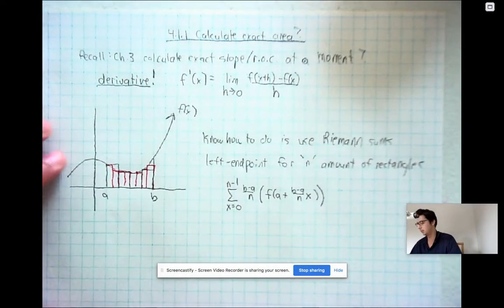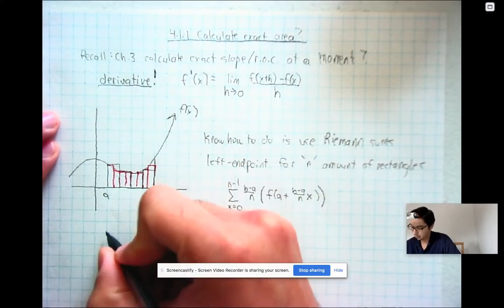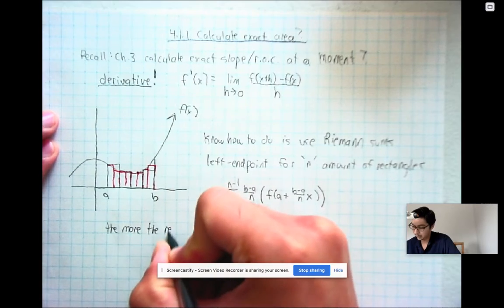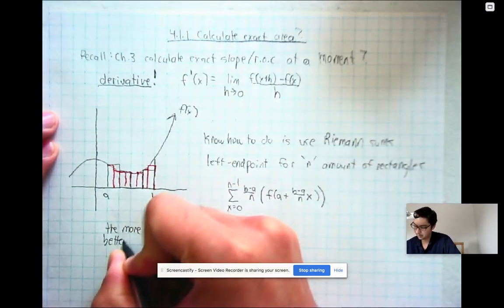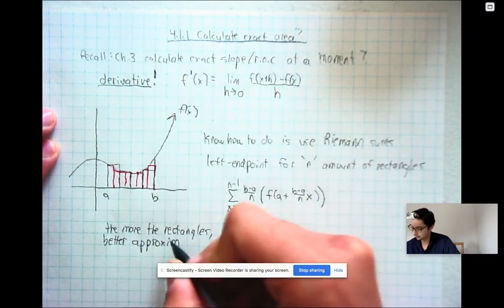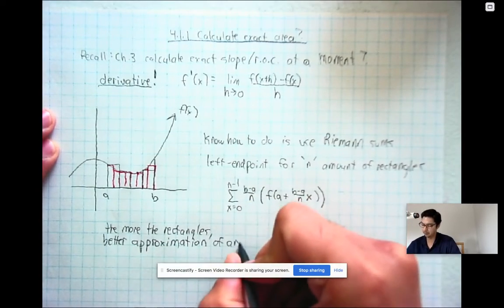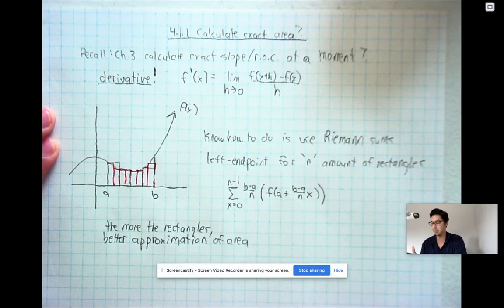And the idea is, how do you get the exact area? The more rectangles, the better approximation of the area. How many rectangles is going to give the perfect amount?